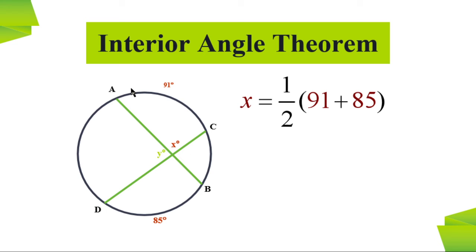So the measurement of arc AC is equal to 91, and the measurement of arc BD is equal to 85. If we get the sum of these two arcs, 91 plus 85 is 176.